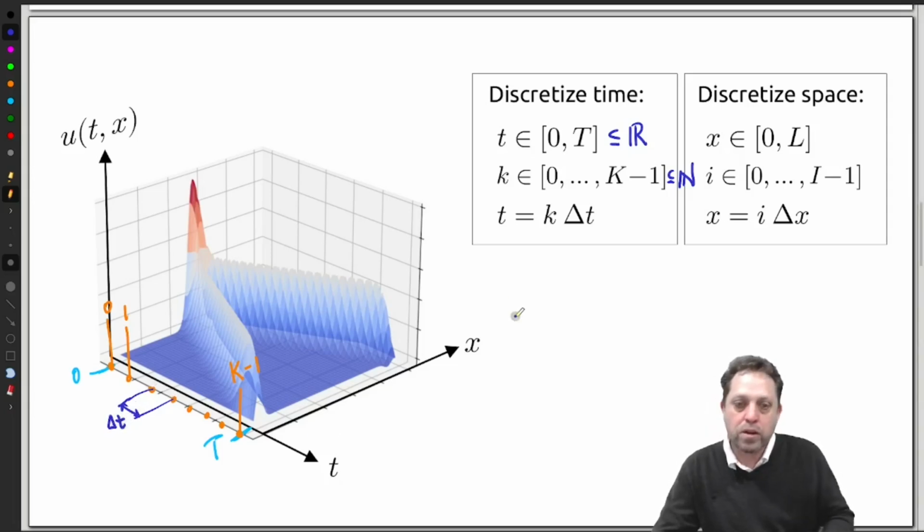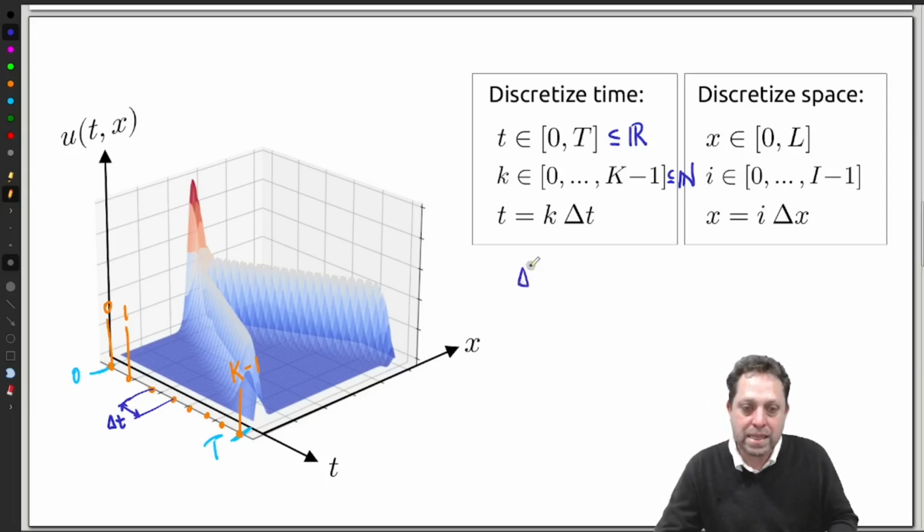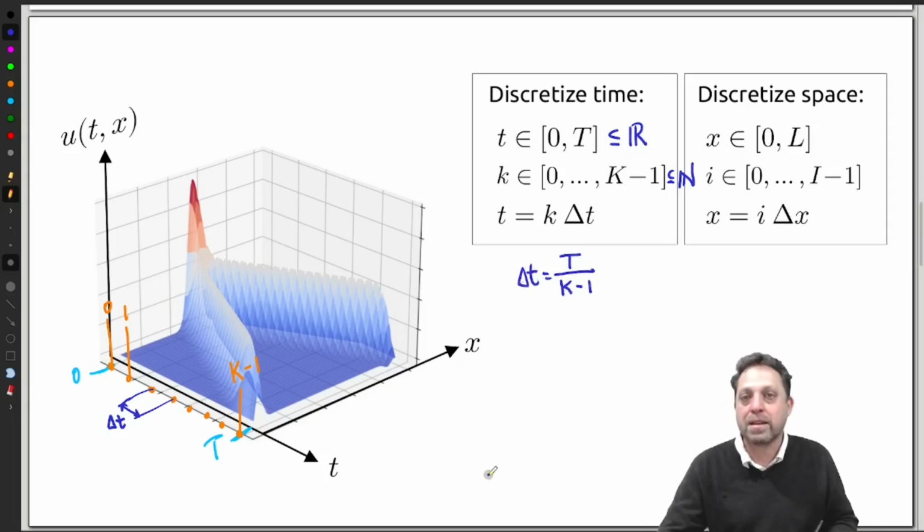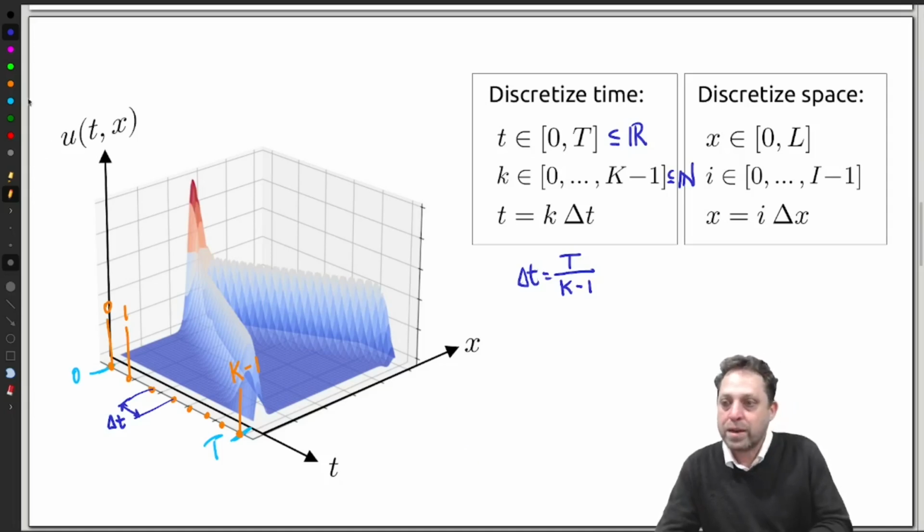And of course, we must have that delta t is equal to the uppercase T divided by the number of segments, K minus 1. So that determines delta t. Then if we take an arbitrary node, say this one, it has an index k, and it also has a time t. And those two are related with k delta t is equal to the time t.